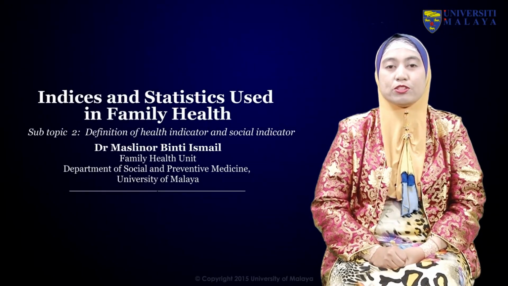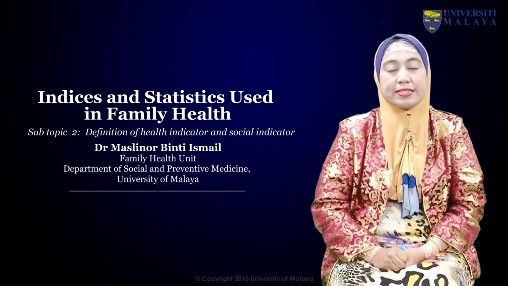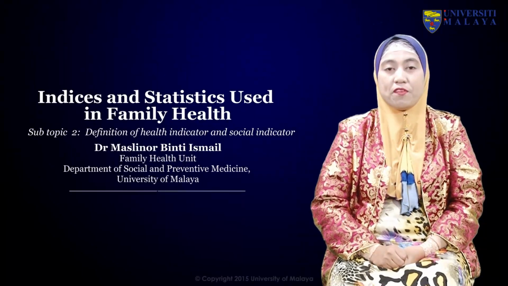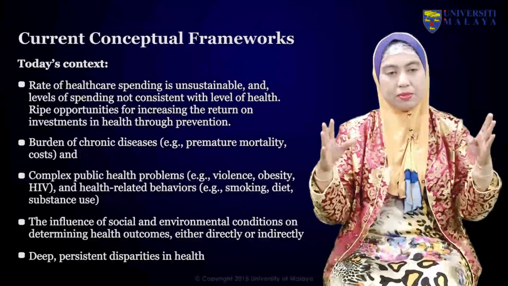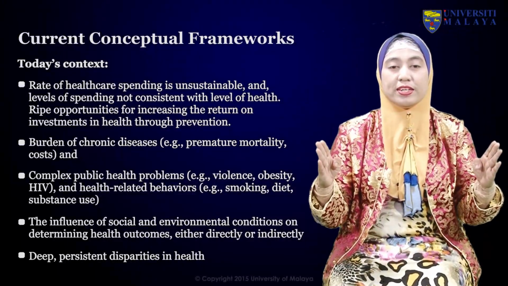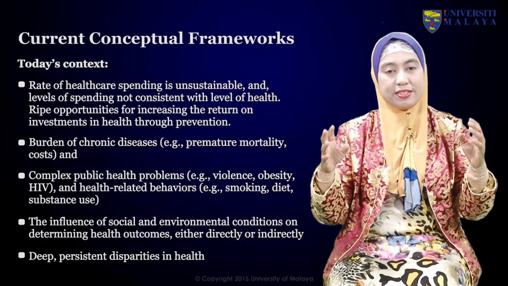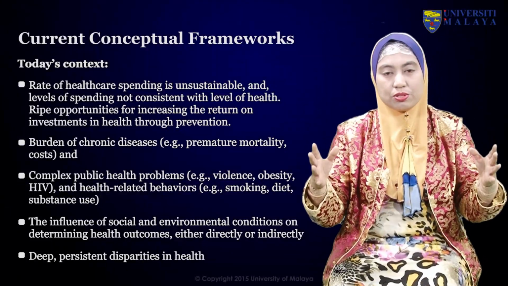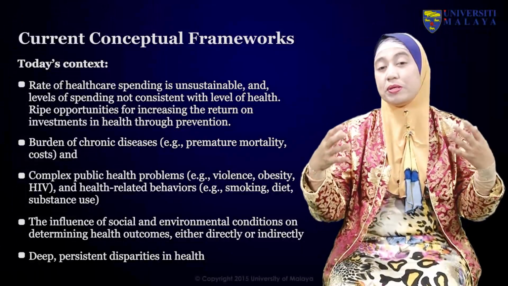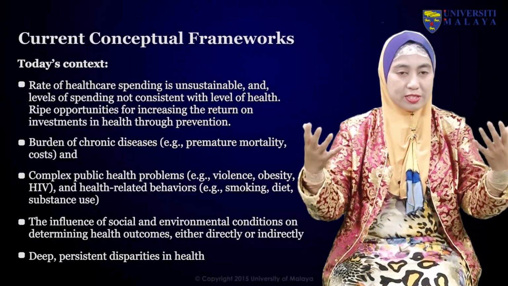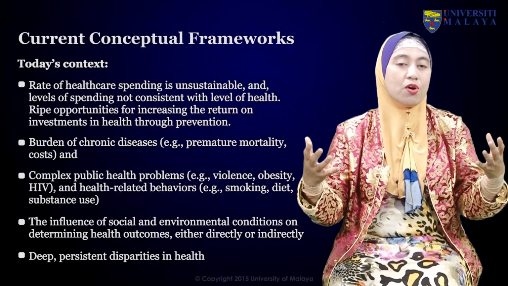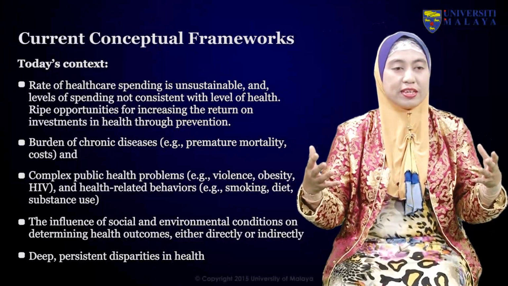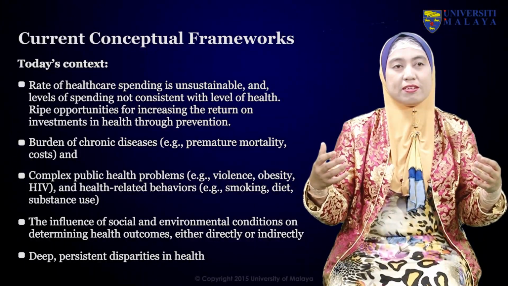Now is part 2 of indices and statistics used in family health. When we talk about indicators, remember I have introduced to you the definition of health indicators. I also taught you that there are 3 basic sources of how health indicators can be made.